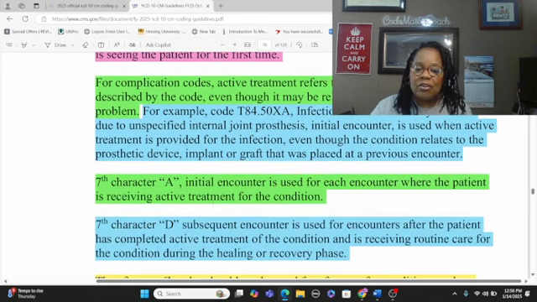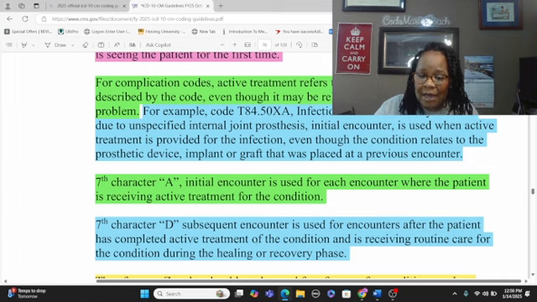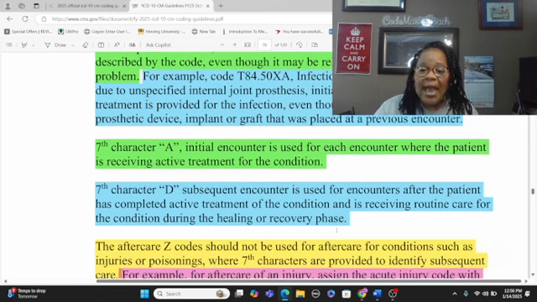The 7th character A, initial encounter, is used for each encounter where the patient is receiving active treatment for the condition. 7th character D, subsequent encounter, is used for encounters after the patient has completed active treatment of the condition and is receiving routine care for the condition during the healing or recovery phase.